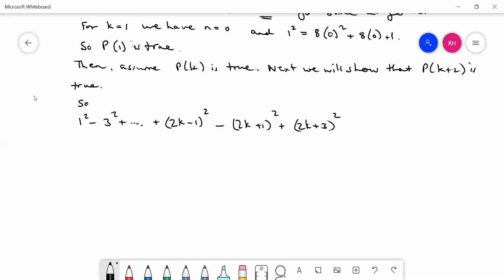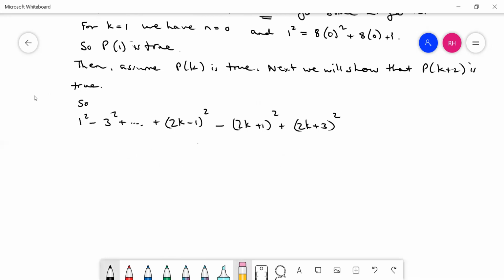So this is sort of the first k terms, and this is the next two. I don't think I'll leave that up because it's going to interfere with everything, but that's the basic idea.